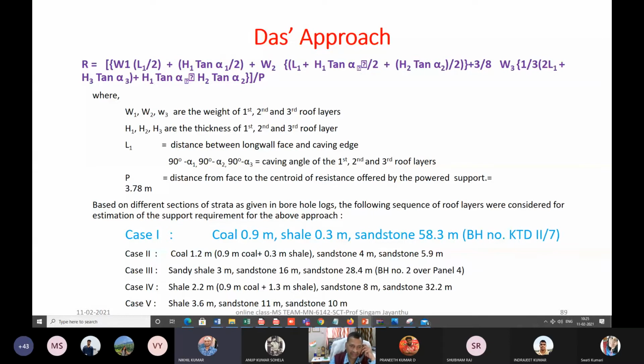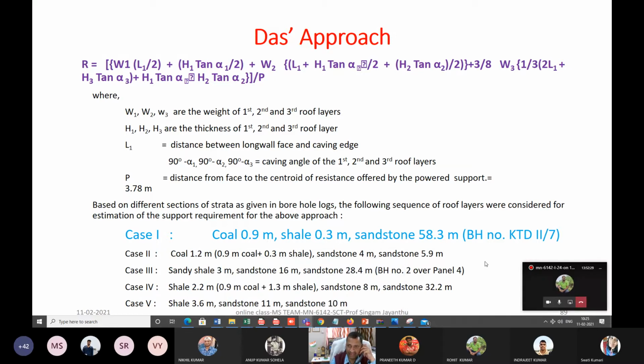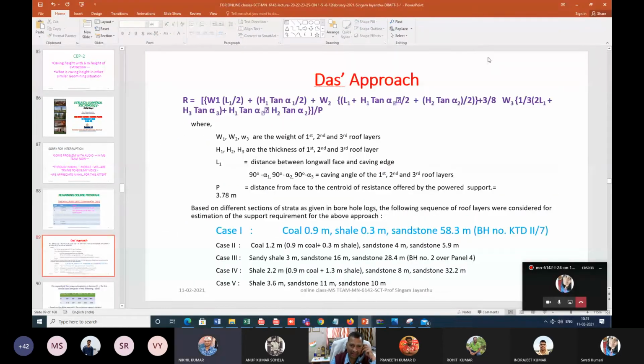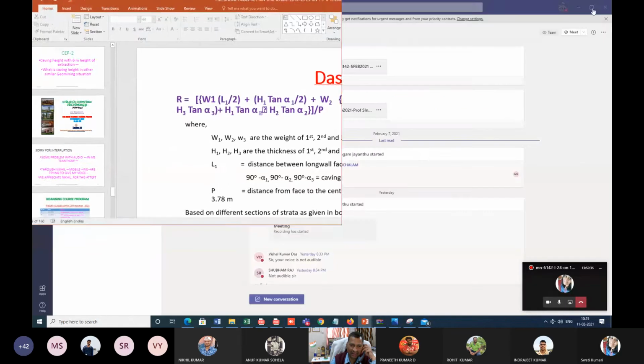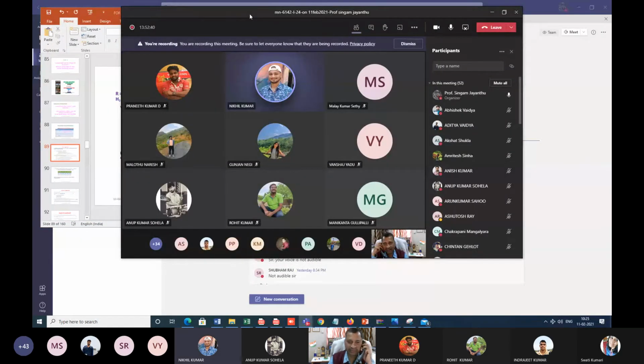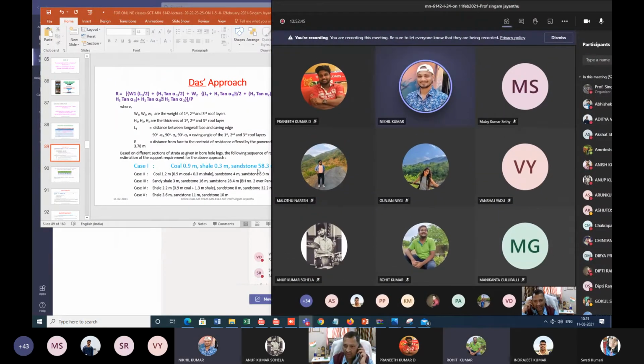Sir, CP2 answer is 100 when we take bulking factor 1.06. Yes, sir. About this Das approach, sir. Please tell your name too. Rohit Kumar.